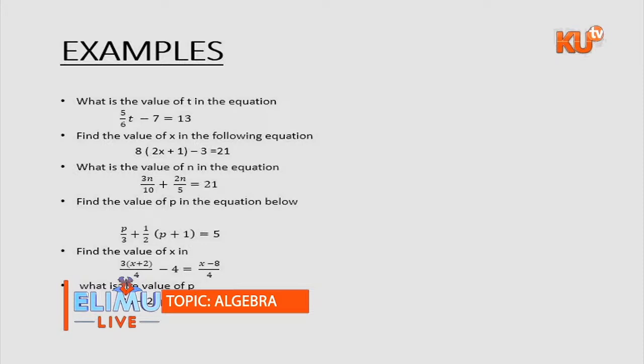So let's try to help him. The question was, find the value of P in the equation P over 3 plus a half bracket P plus 1 is equal to 5.